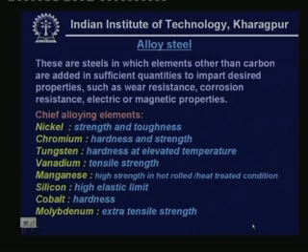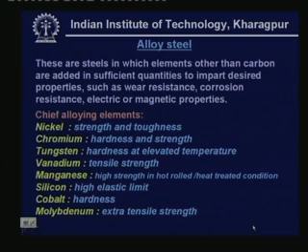Cobalt imparts hardness to the alloy steel. So you can see nickel, chromium, tungsten, vanadium, manganese, silicon, cobalt. Well, I just left out molybdenum. Molybdenum also imparts extra tensile strength.